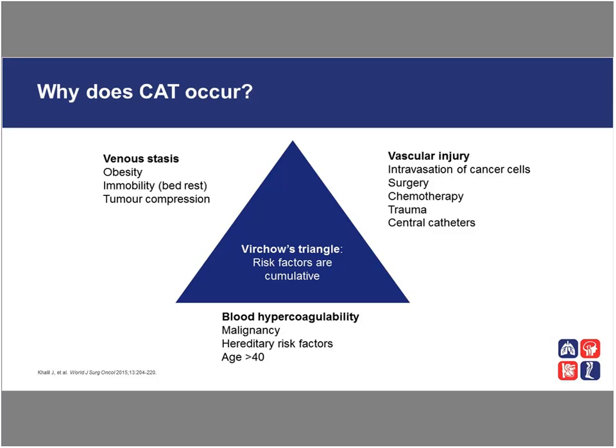And finally, vascular injury is something that we note can be a medium or a pathway to increased risk of thrombosis in cancer patients, and this could be vascular injury from surgery, from the chemotherapy itself, from the central catheters that are used to deliver therapy and or draw blood, trauma, and finally, intravasation of cancer cells into the bloodstream.